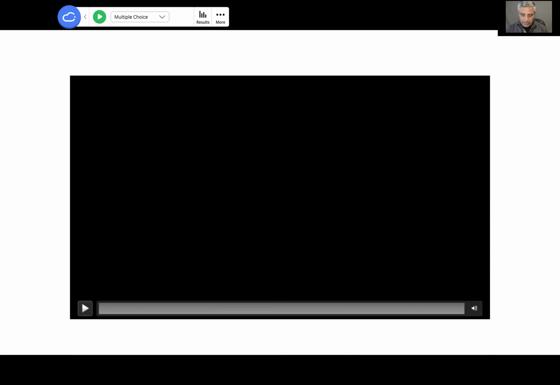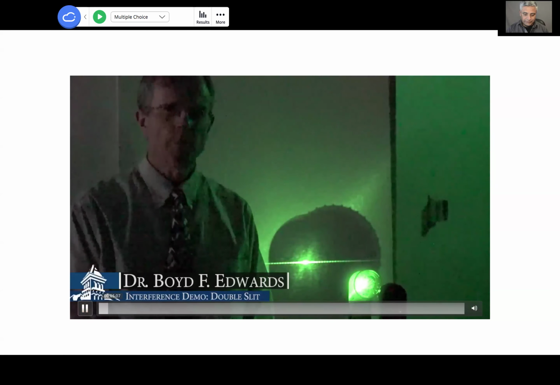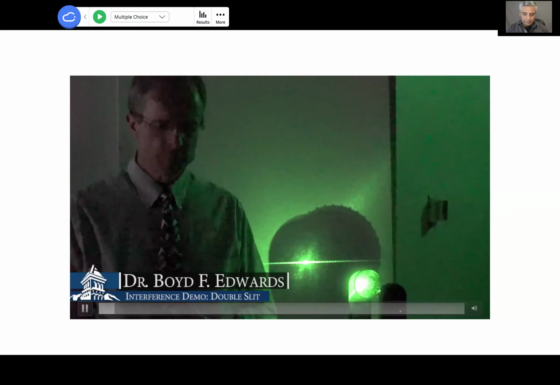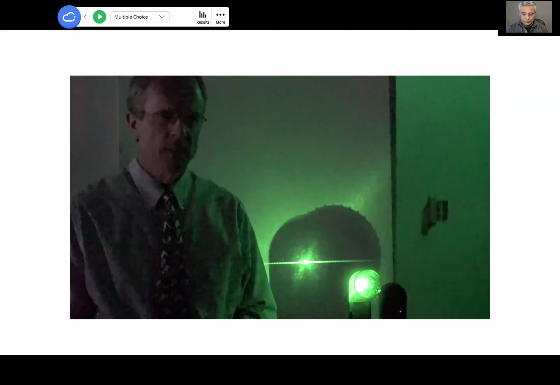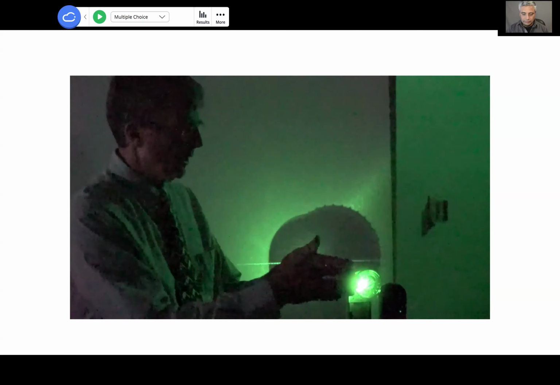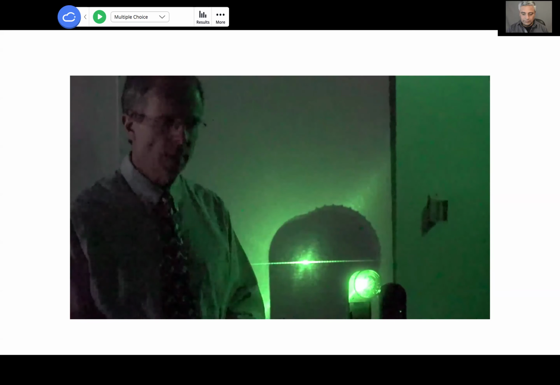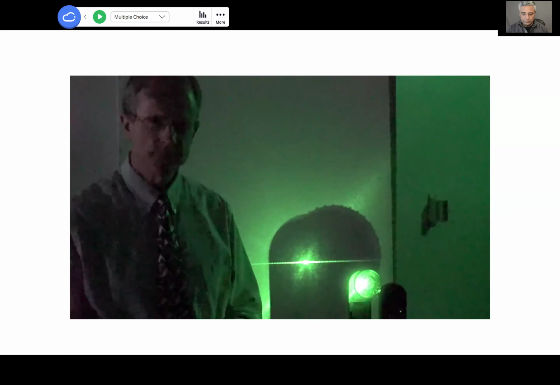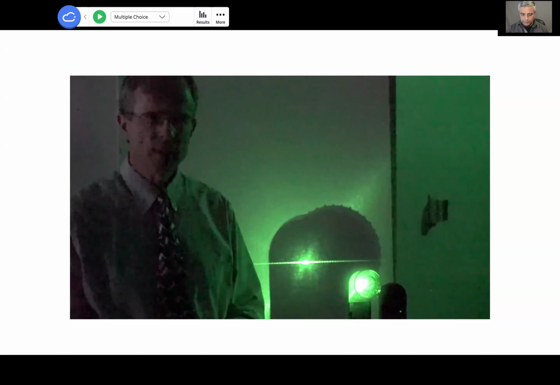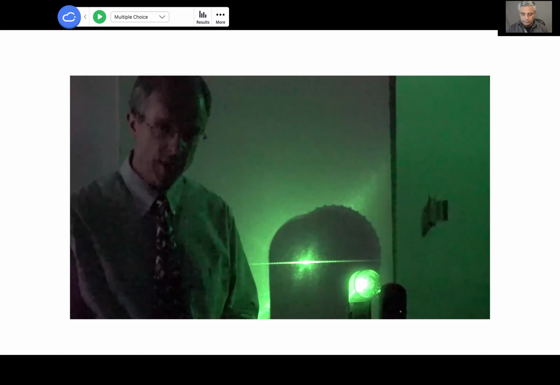I have another video. This is a demonstration of the pattern you get when you send light through 2 slits. In this demonstration, I've got a laser here. I'm sending it through 2 slits that are separated in the first case by 0.25 millimeters, and then in the second case by 0.5 millimeters, larger separation.